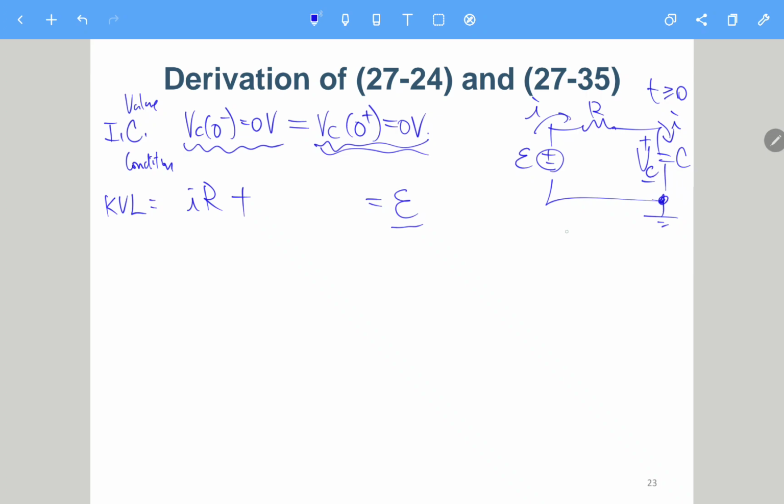I hope you still remember it is I equals C dVc/dt for this part.